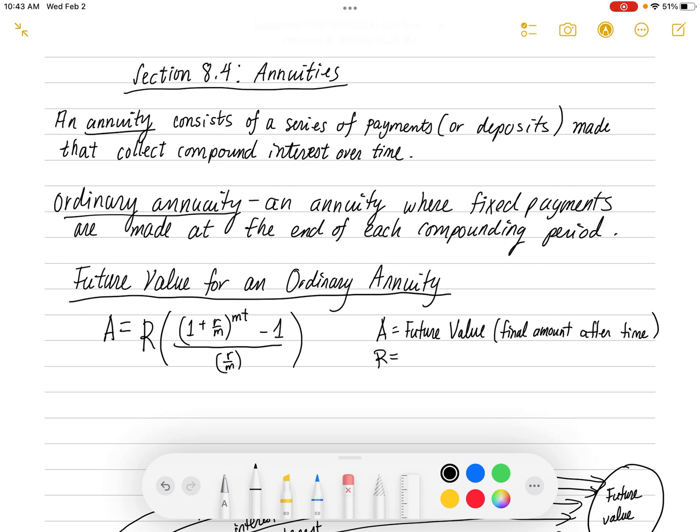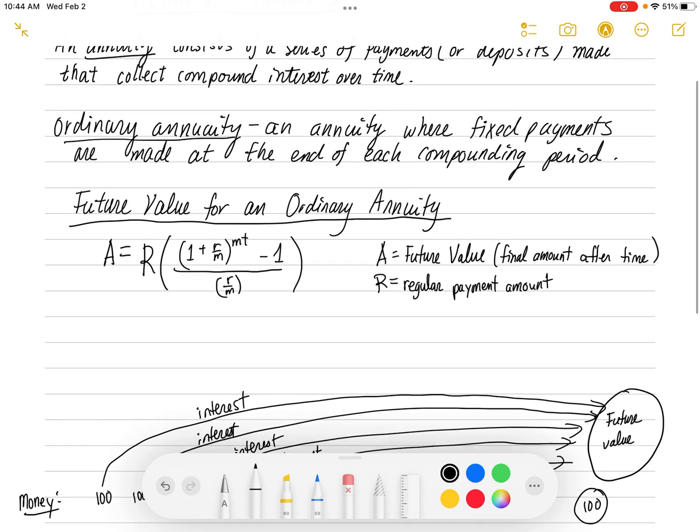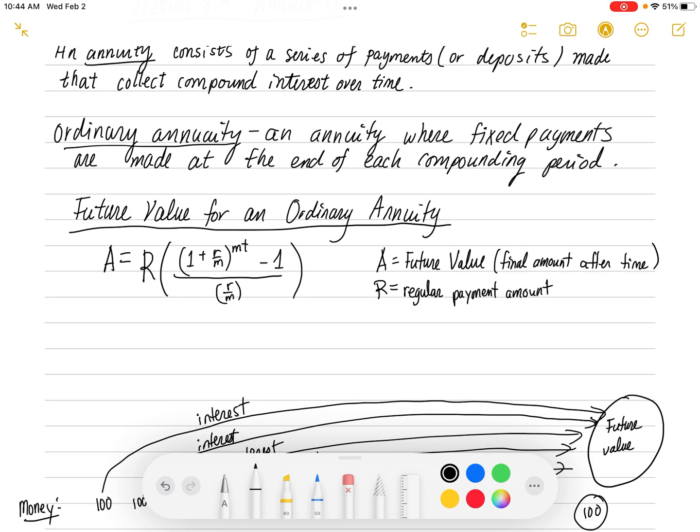Capital R, that's the amount of your monthly payment or your regular payment amount. So not necessarily monthly, it could be yearly or quarterly. So capital R for regular payments. When we were looking at this little example below, our capital R would have been 100 because we were paying in $100 at the end of each month. Little r is going to be your annual interest rate. That'll be given in your problems.